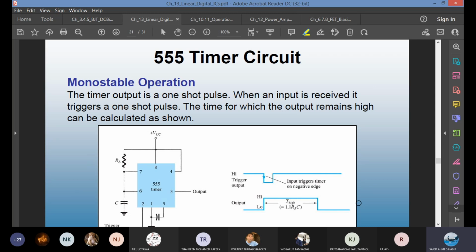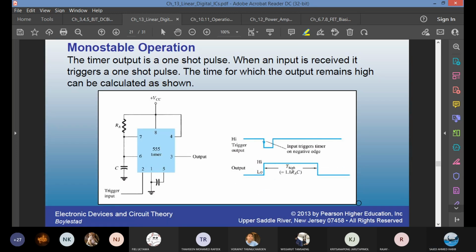So what I wanted to ask is, assuming that there will be a trigger, how long will the high output be? All of you got it correct, I think, except one student who was trying to tell me RA plus RB. There is no RB in the monostable. There is only one resistor. The output equation for monostable is 1.1 RAC. That is the high time.